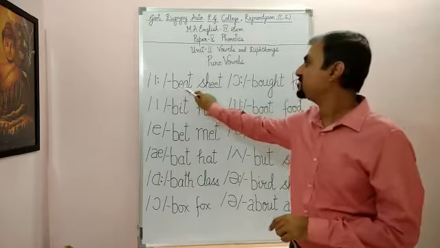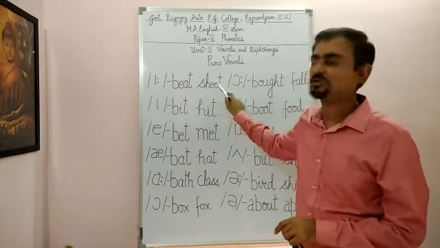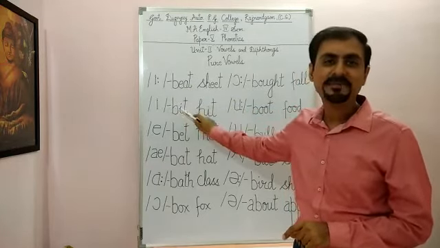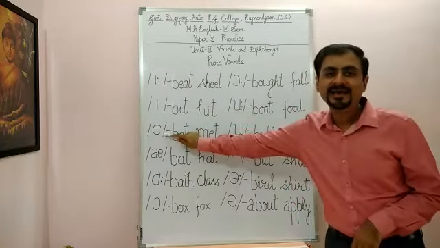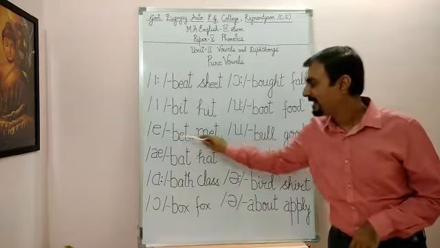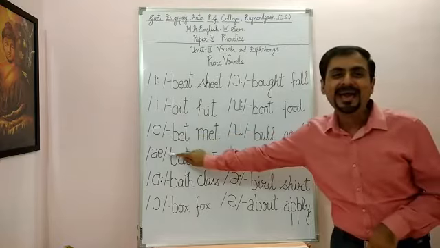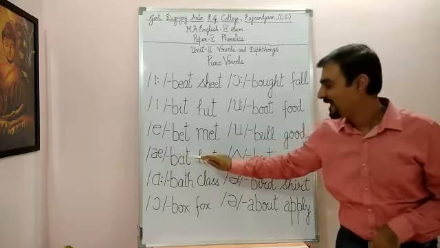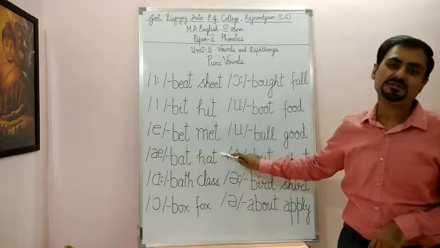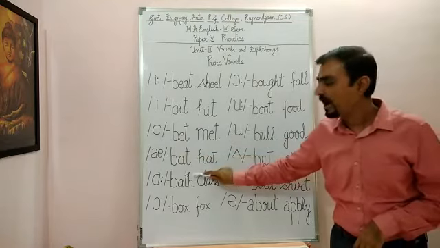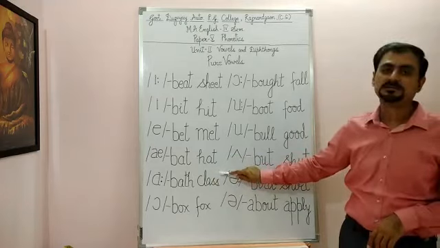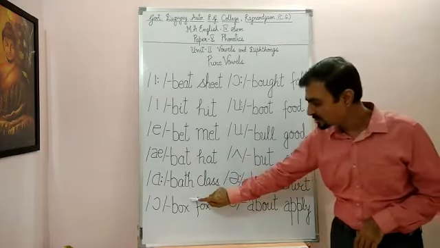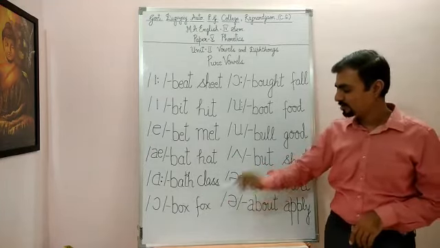E as in beat, E as in sheet, I as in bit, I as in hit, E as in bet, E as in met, A as in bat, A as in hat, A as in bath, A as in class, O as in box, O as in fox.